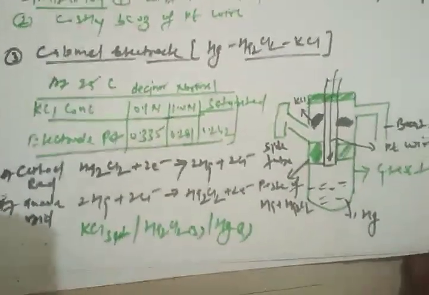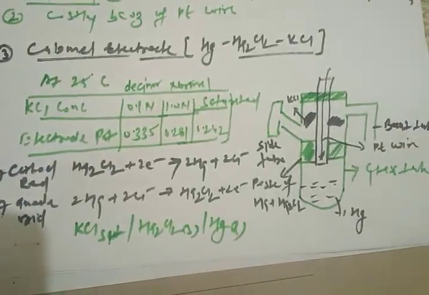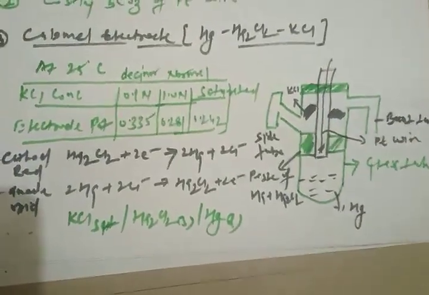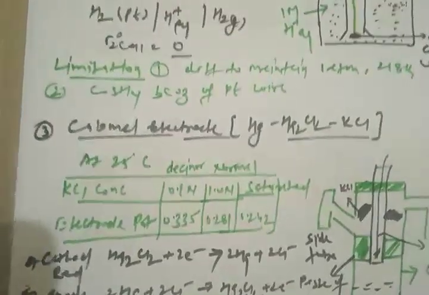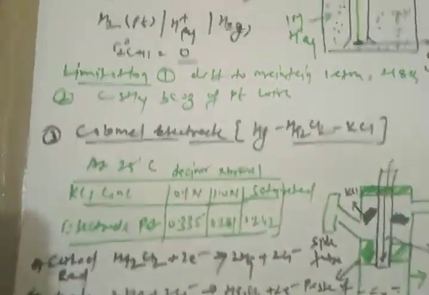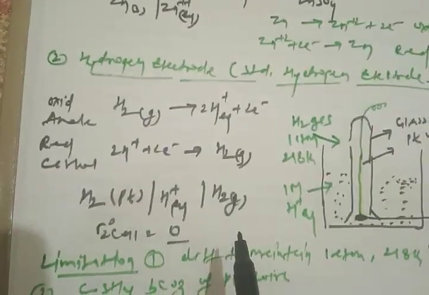We will take one of the applications of the calomel electrode. But one more thing you should know: in the case of the hydrogen electrode, this is the hydrogen electrode.